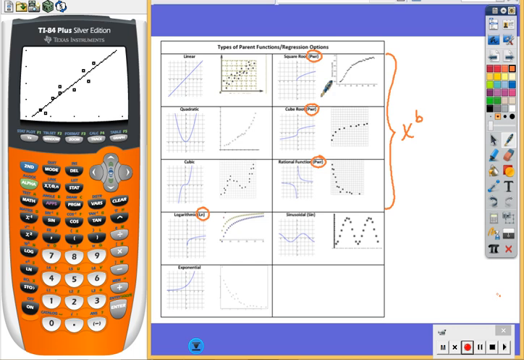And a square root is like an x to the 1/2, and a cube root is like an x to the 1/3. In rational functions, it was a while ago, like 1 over x, that's x to the -1. So anytime you have a hunch that it has a shape sort of like one of these, you would want to use the power regression. If you think it might be looking like a sine or a cosine curve, you're going to use sine regression. It doesn't have a cosine regression, but it'll make it work.